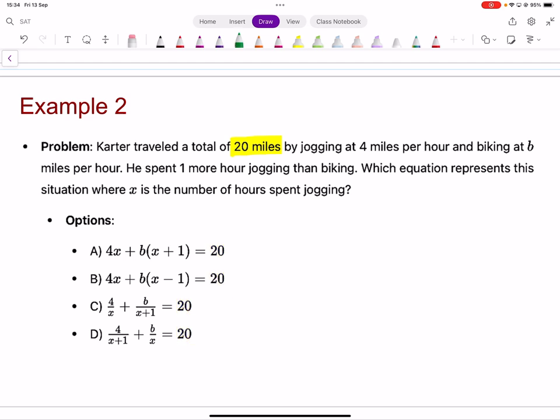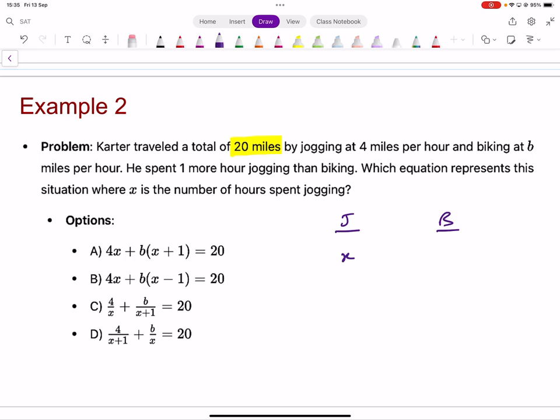Now, how do you find the number of miles covered while jogging and the number of miles covered while biking? How do you figure that out? If you know that x is the number of hours spent jogging, what is the number of hours spent biking?